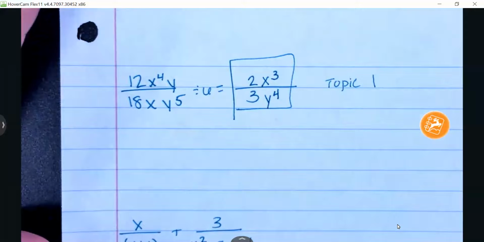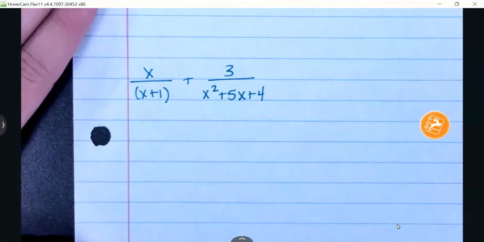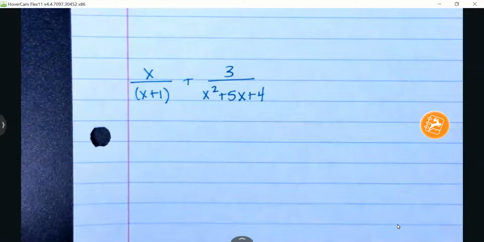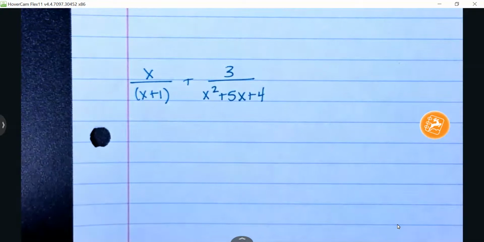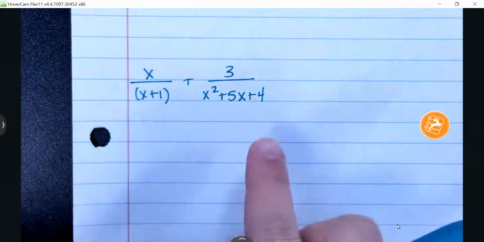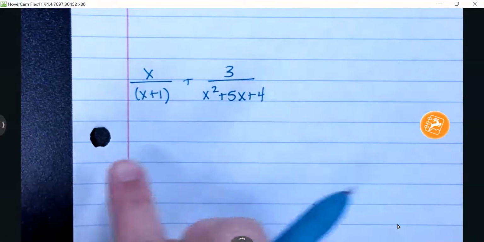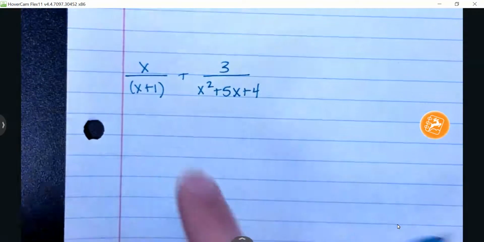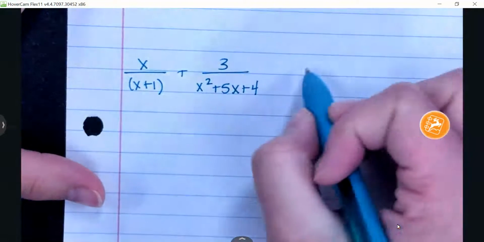Topic number 2 is this type of problem, adding and subtracting. When you add and subtract, what do you have to have? A common denominator. Are these denominators the same? Not even close, but can I break one of them down? Which one? I can make the one on the right with an eye chart.